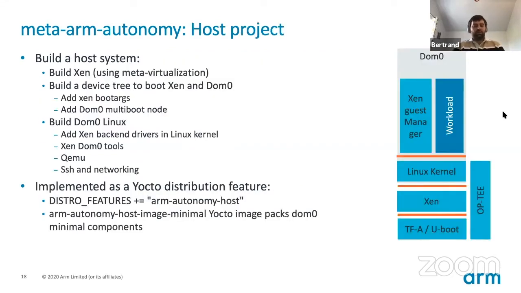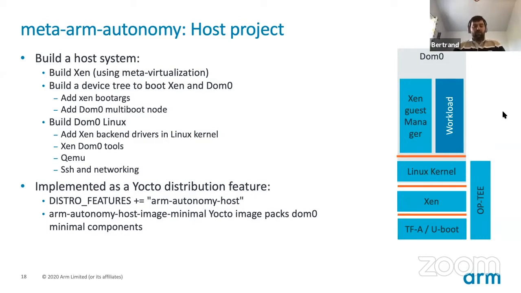The first part of the autonomy stack is building the host system with the firmware, Xen, and the Dom0 Linux. So Xen is built based on the meta-virtualization recipe, which are already existing. The layer is also providing a way to build a Xen-compatible device tree created from an existing DTB, but adding the parts required to boot Xen and Dom0 Linux on top of Xen.